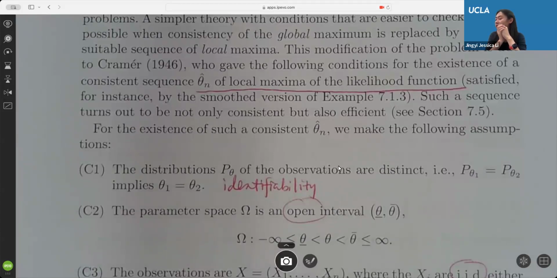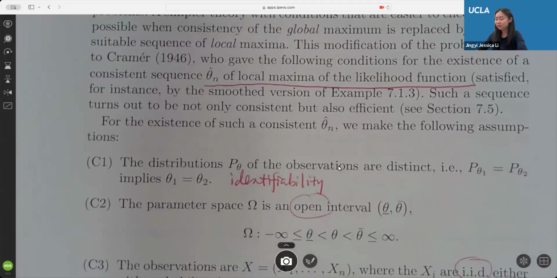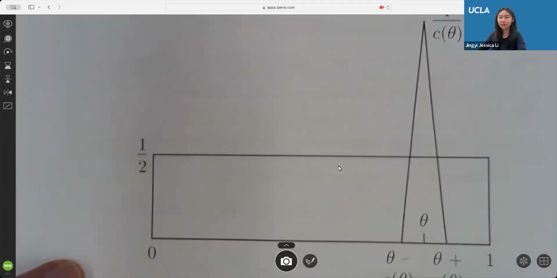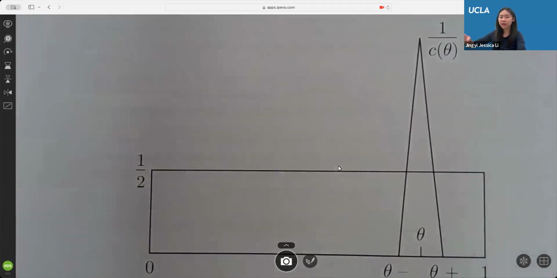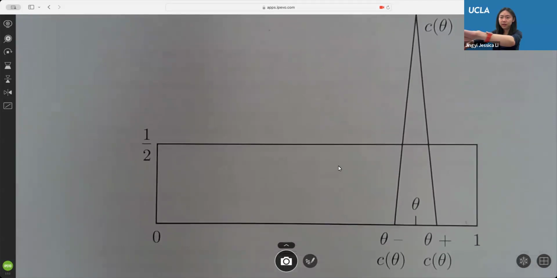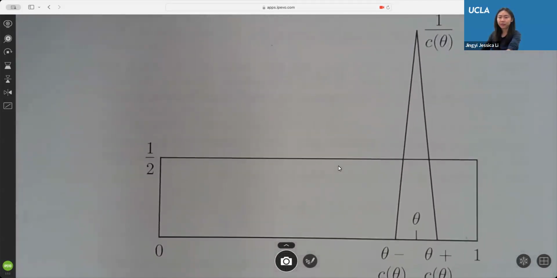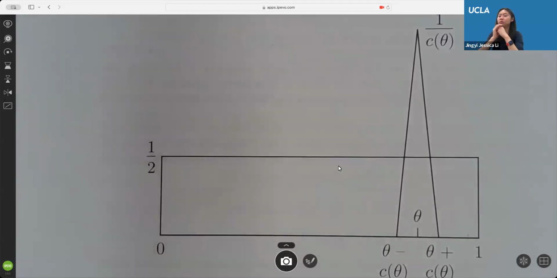So remember the example we presented last time. I think this is a very interesting, even though contrived, counterexample. This is a case where the MLE doesn't work because the MLE, we said, will always be close to 1, regardless of where the theta is.